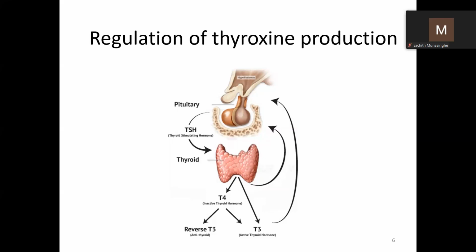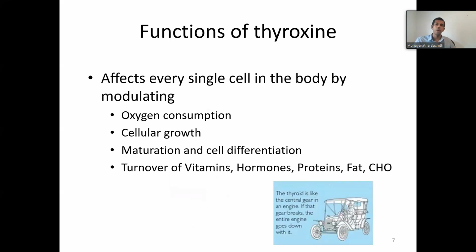Prolactin. Prolactin, okay, good. So you still remember that. Then the TSH will stimulate thyroxine hormone release. The majority will be T4, and part of it will be T3. But at the tissue level, T4 will be turned into T3 before it brings about action. So that is important to know.